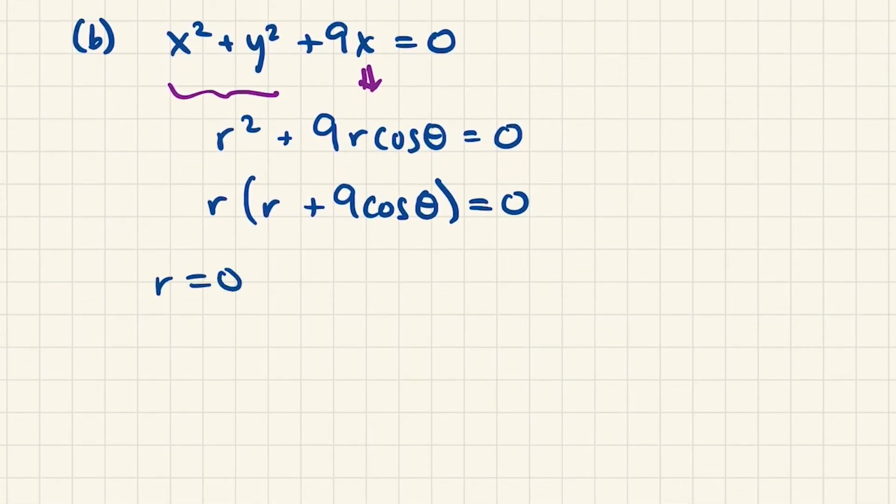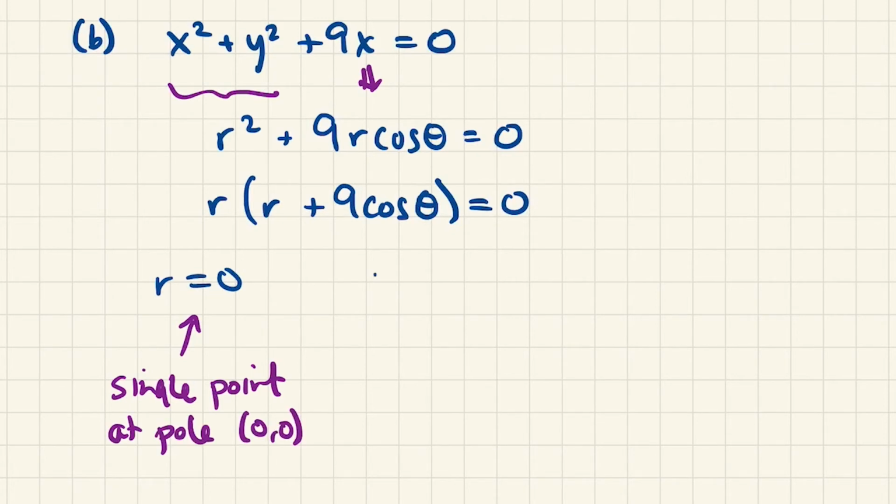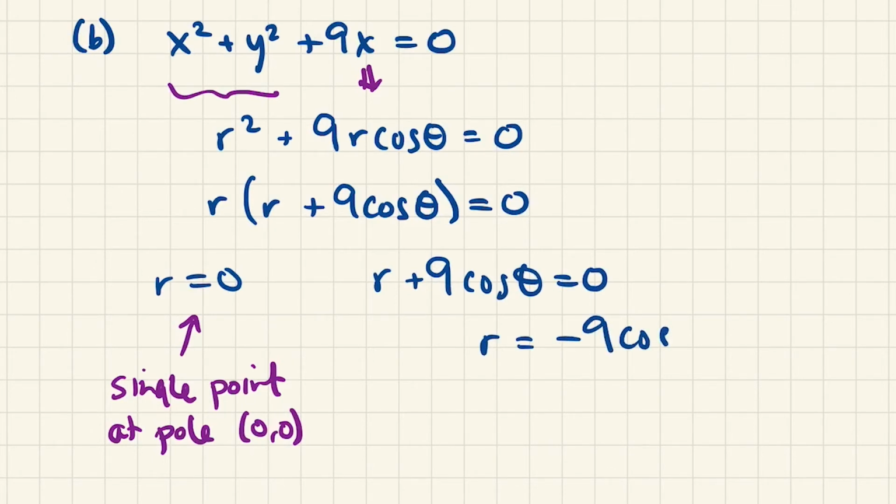This splits into r equals 0, which is actually just a single point at the pole. But this part here is much more interesting. We get r plus 9 cosine theta equals 0, so r is equal to negative 9 cosine of theta. Now, how do we get both of these?